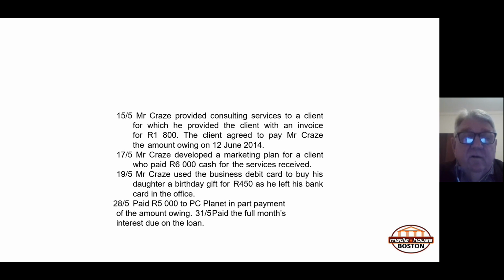So we're going to increase our assets, the debtors, by 1,800. And we're going to credit the fee income or sales. Fee income is what we call it for service organizations. So we're going to credit the owner's equity. That's where income and expenses go, under owner's equity.